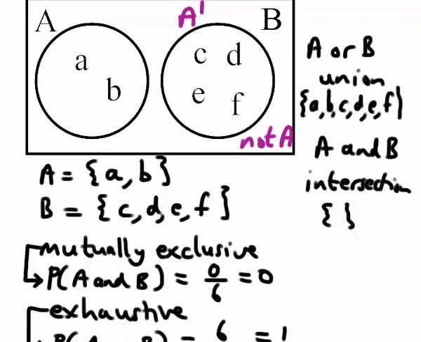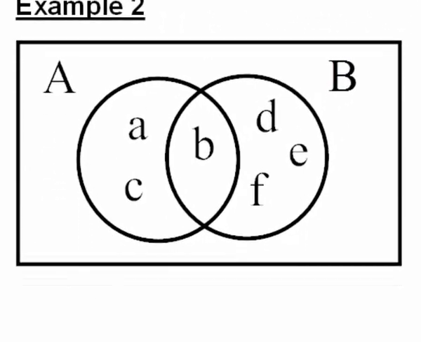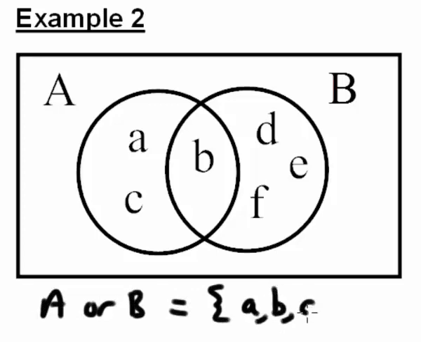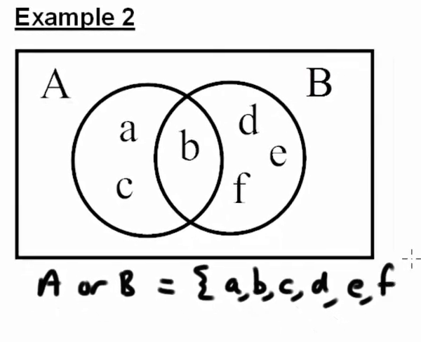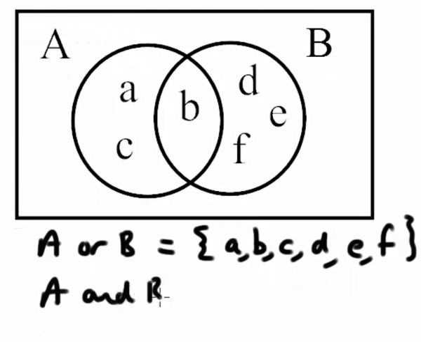Now let's have a look at another example to highlight the rules of Venn diagrams. Notice here you've got an intersection. What is in the union here, A or B? The union is everybody: a, b, c, d, e, f. All 6 letters are in there. What is in the intersection? That's b.